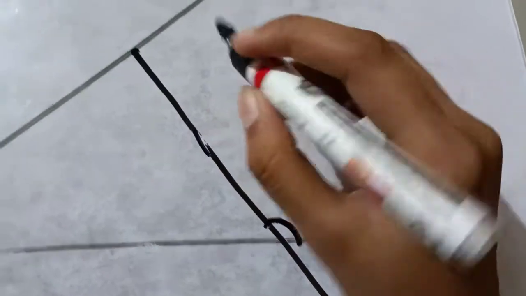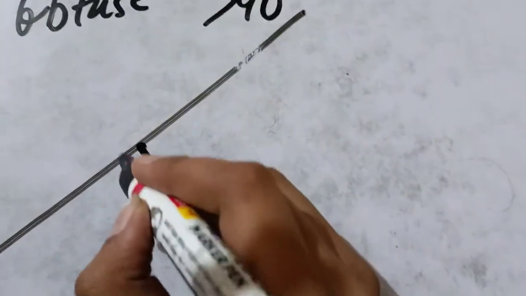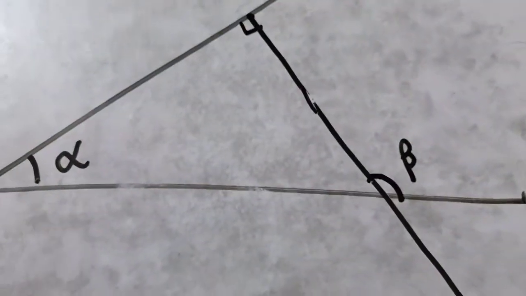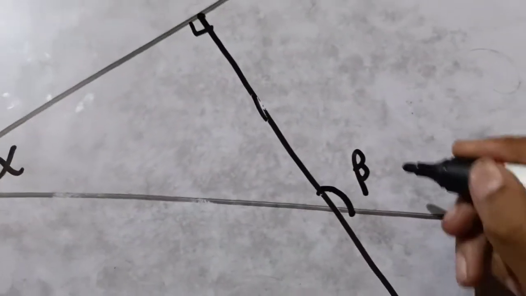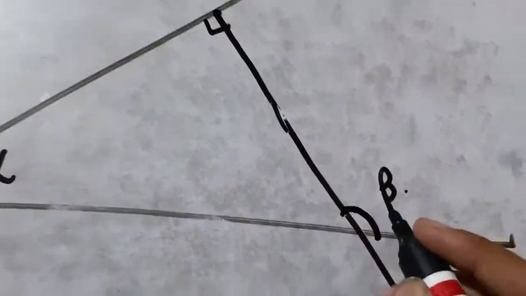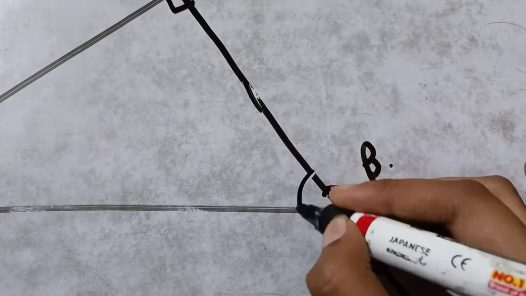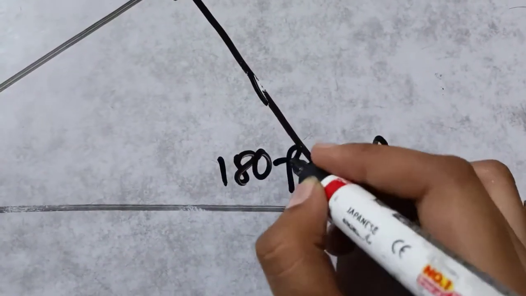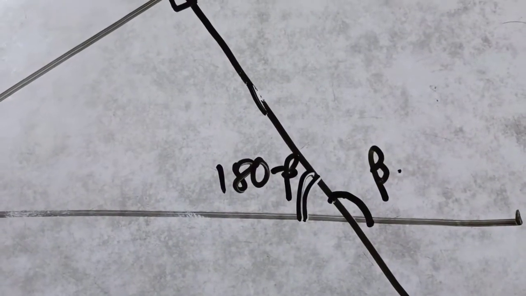You know that these are perpendicular here. Now what is this beta equal to? This beta is equal to alpha plus 90 degrees, or you can say that this will equal 180 minus beta. Is it right?